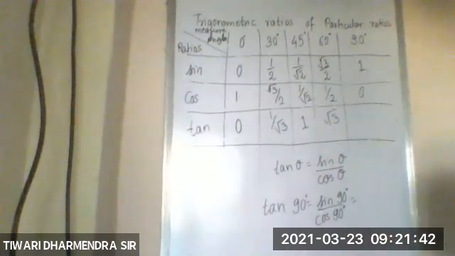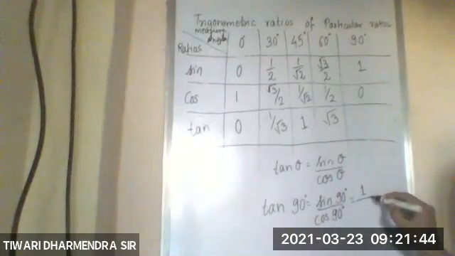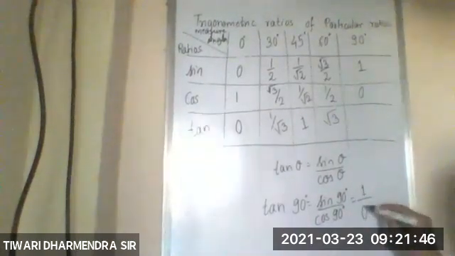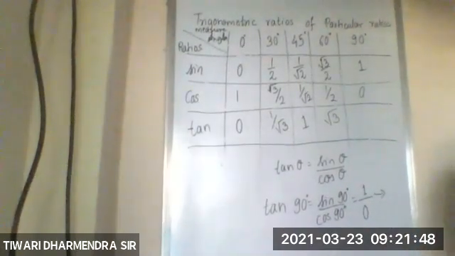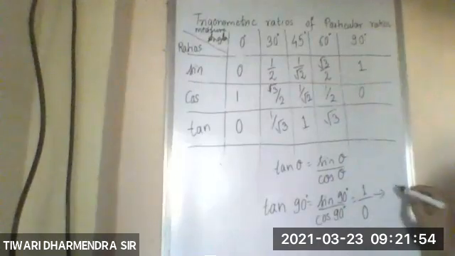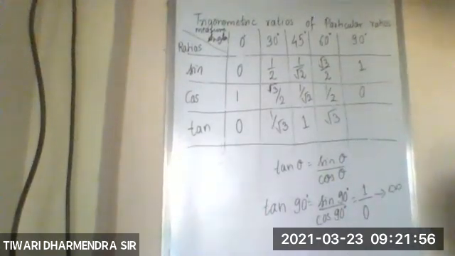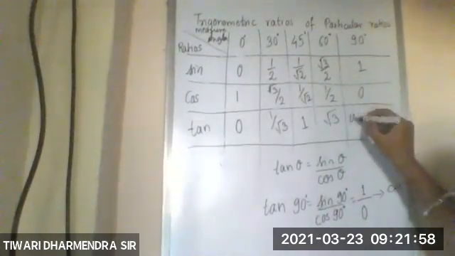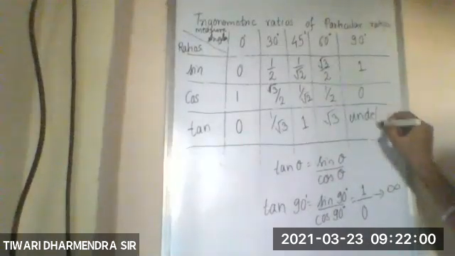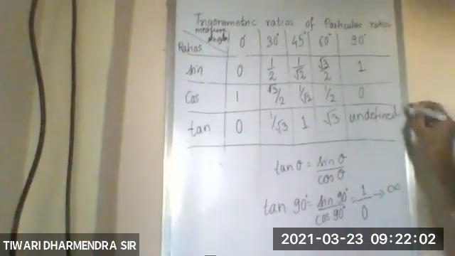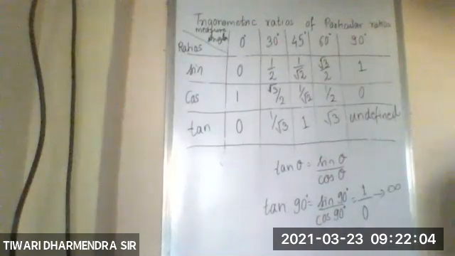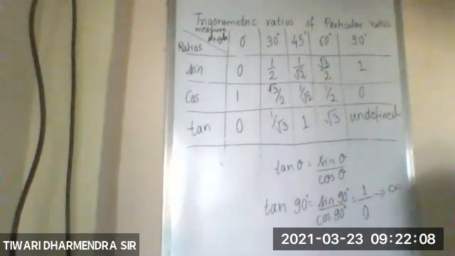Sine 90 degree is 1 divided by cos 90 is 0. Any number divided by 0, whatever that number is, tends to infinity. So we'll be saying this is an undefined case. Whenever we are going to have tan 90, we'll be saying it as undefined.